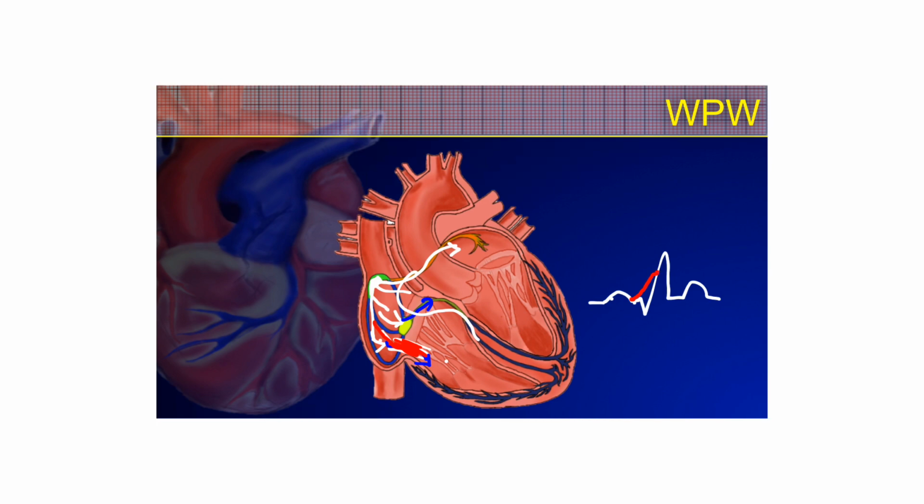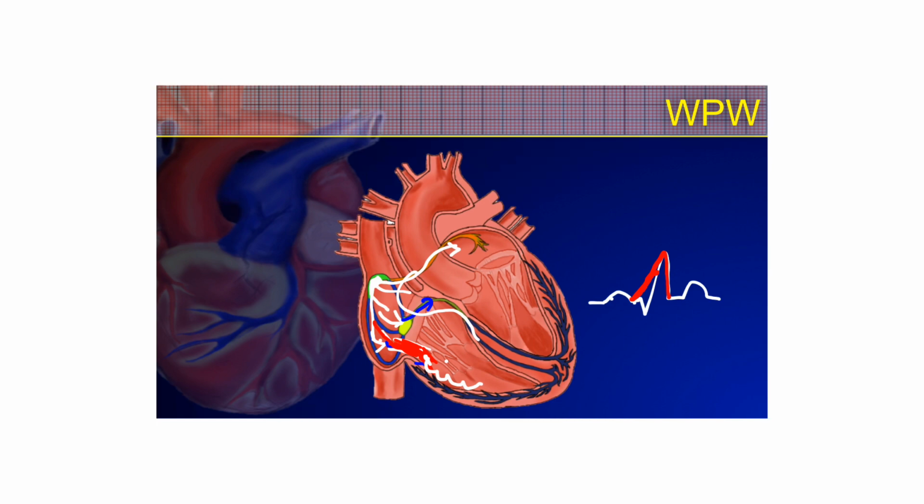Then, since we're outside of the normal fast pathways of conduction, we have to go from cell to cell to cell to depolarize, because you're not in the bundle branches, you're not in the His bundle. And that's why you'll get a widening of this QRS complex.